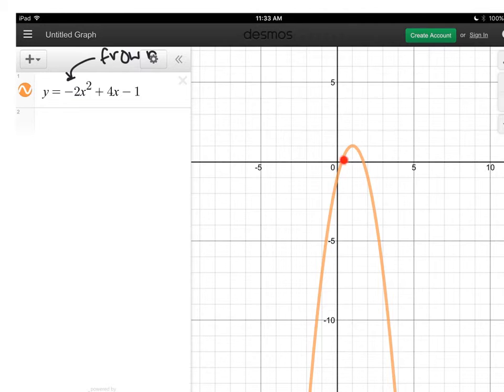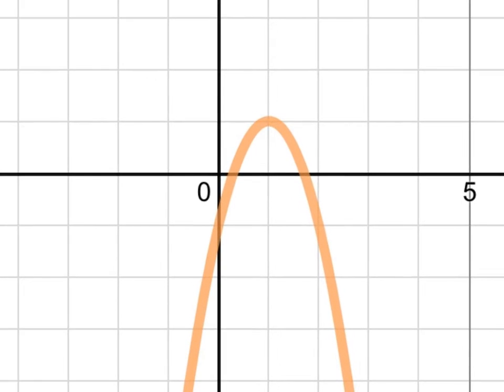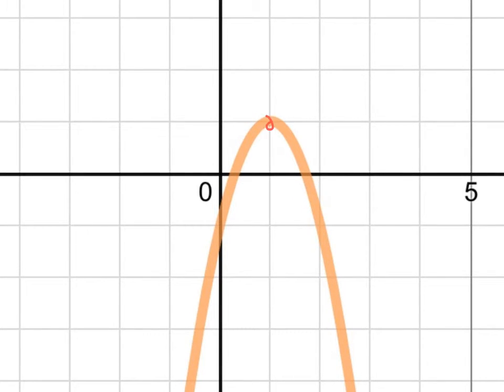We can see that we've graphed it, and there's our graph using Desmos, and if we wanted to zoom in to see what the vertex is, it looks pretty clear. The vertex is right here at 1, 1.